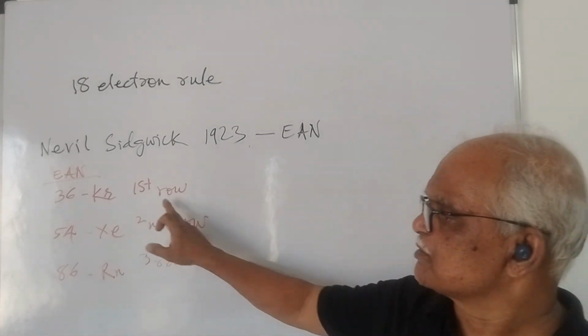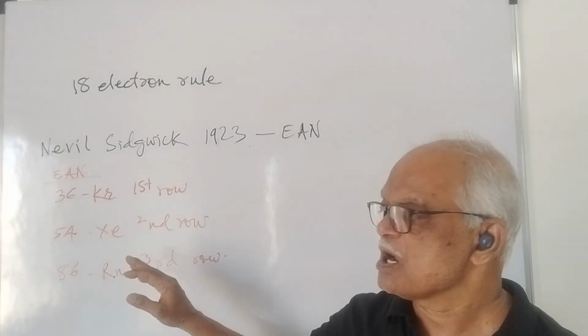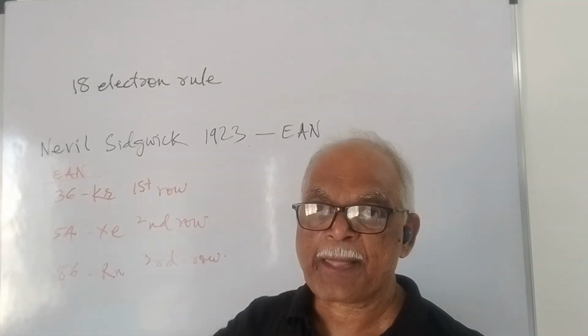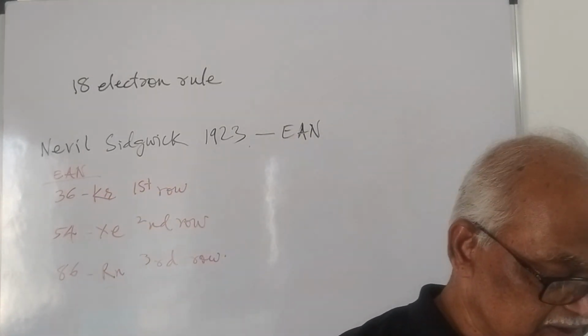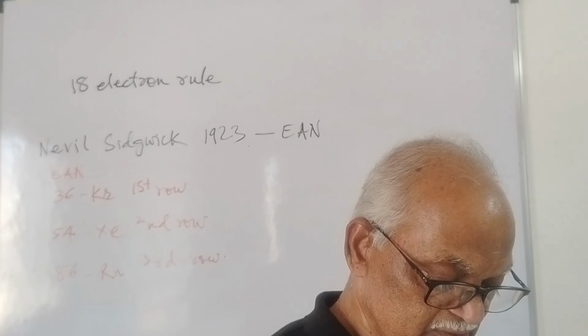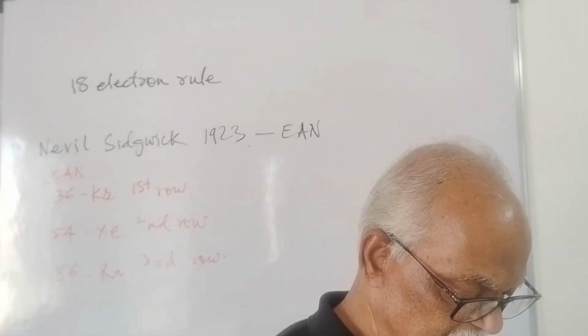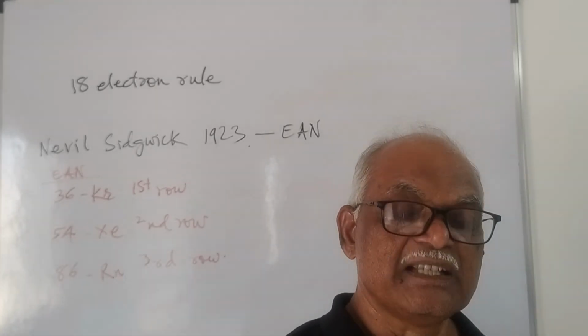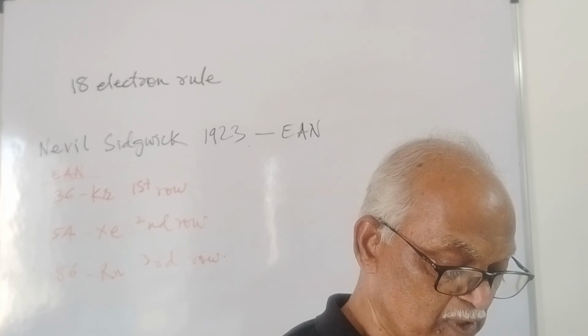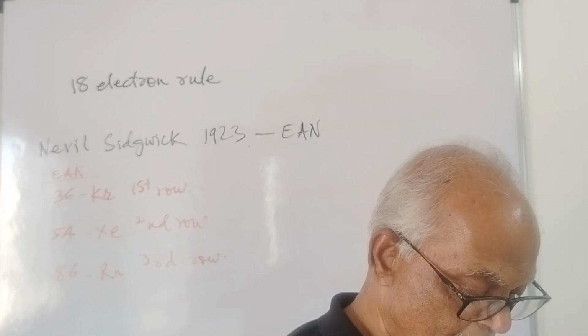It is not restricted to the first, second or third row, but covers the complete d block or transition metal elements. Because of this, it became popular for organometallic compounds also.